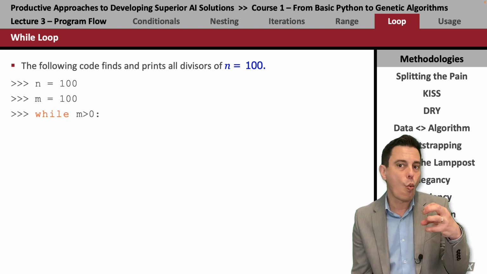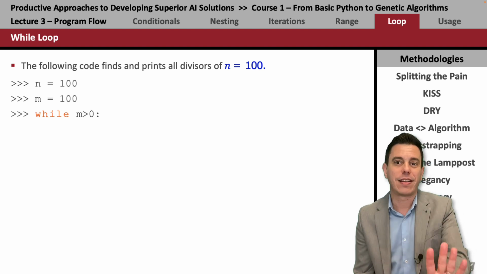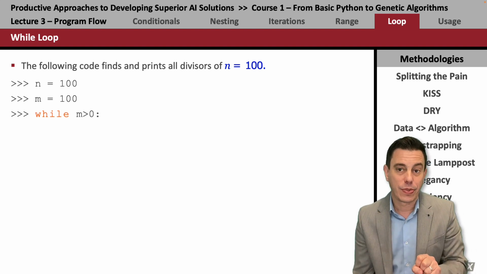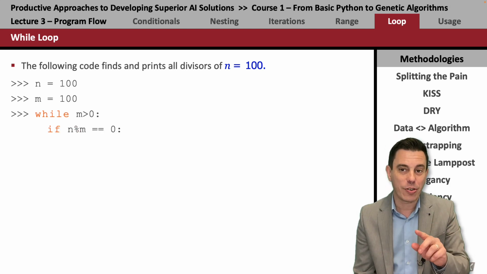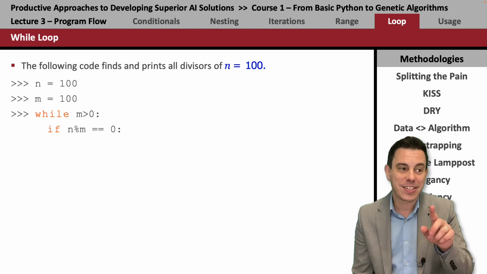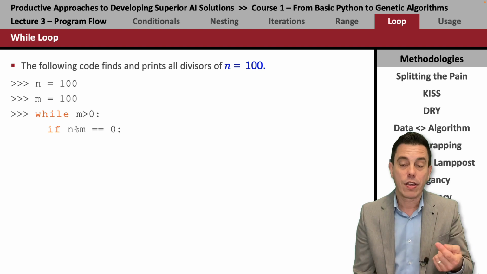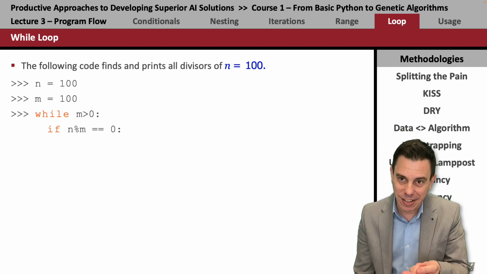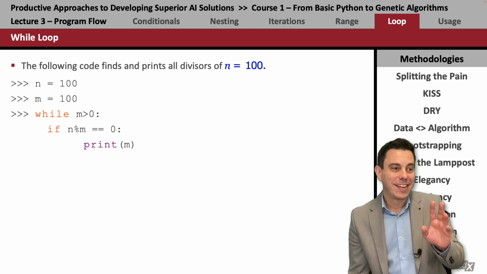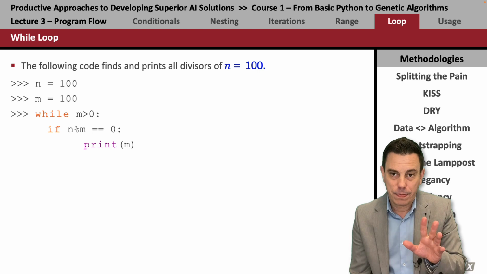So we say while m is bigger than 0, because 0 is the last point, then we open a scope. In the scope, we check whether m divides n, or in other words, if n modulo m equals 0, then we open another scope, which is nested, right? And in this case, we just print m, the divisor.